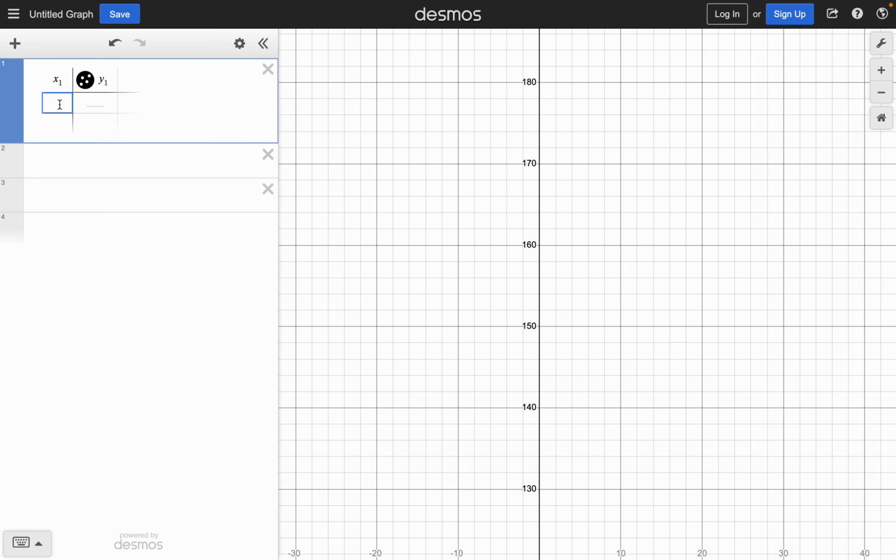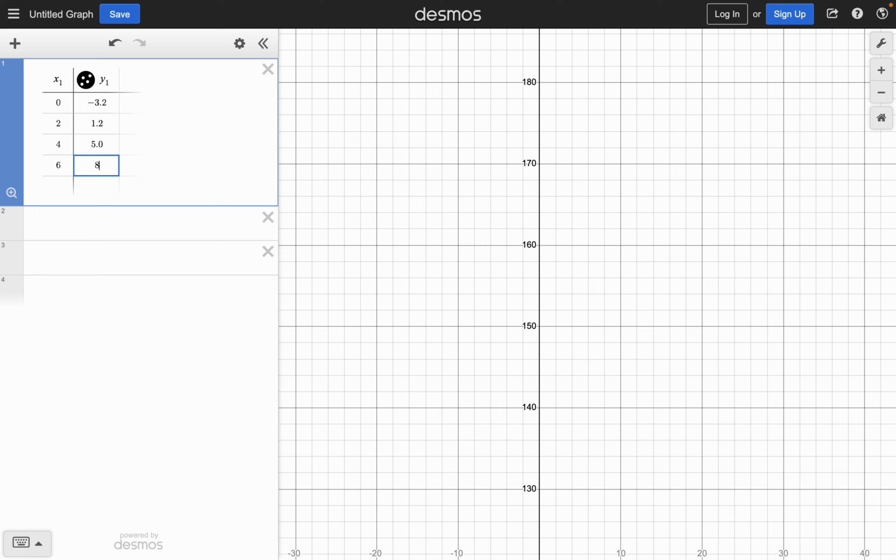So why don't I put in 0, negative 3.2. This is the set of points given in the textbook, so that is what I'll be using for this example, 5.0, 6.